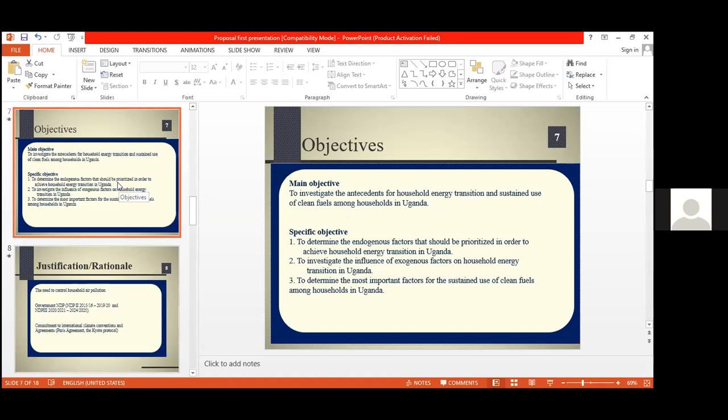And I think the same thing goes with his philosophical orientation. He's proposing that the study is going to be guided by a positivism kind of approach, but equally that must be brought in alignment with objective number one.